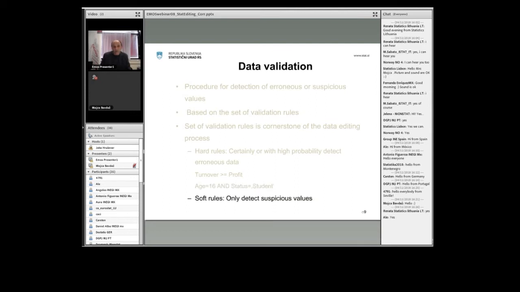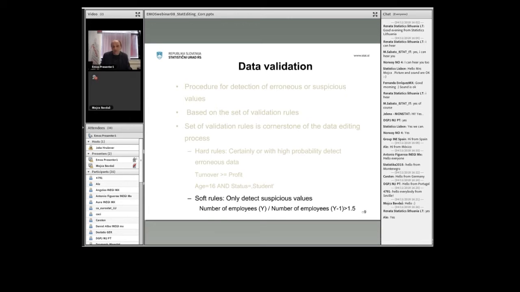Soft rules usually just detect suspicious values that can be errors or perhaps are not errors. One typical validation rule that is in fact a soft rule is when you're comparing your data in, let's say, short-term service, data from this month and data from previous months, and you say, okay, if the number of employees this month is larger by 50% than the number of employees from the previous month, this is probably a bit suspicious.